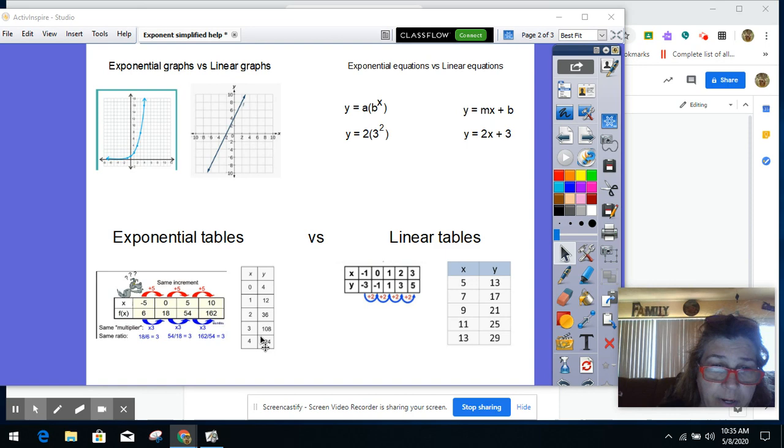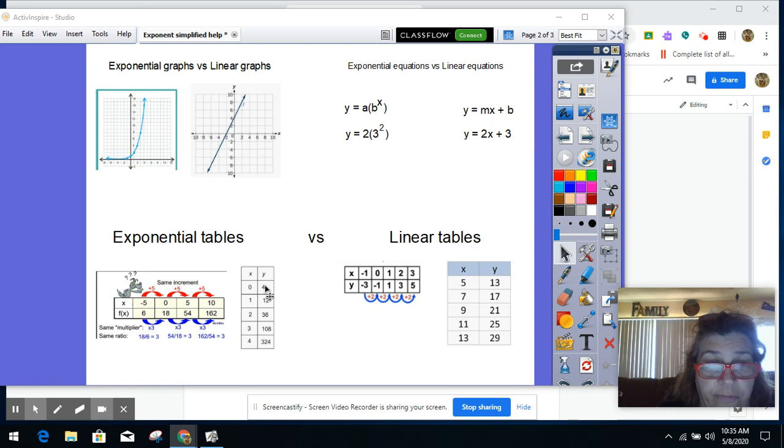And with this one right here, this is just going up and down. But again, we're going to look in the y table to tell us what's happening here. I see it starting, that here's another clue that it's exponential. Starts off low, and in 4 moves, 1, 2, 3, 4, we go from 6 all the way to 162. We're simply not adding. Clearly there's something more going on, so we're multiplying.